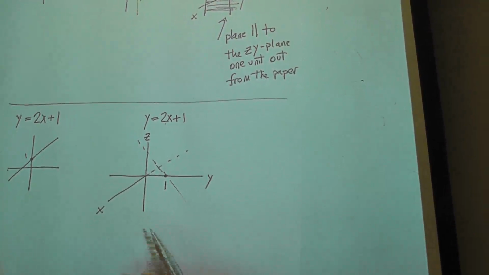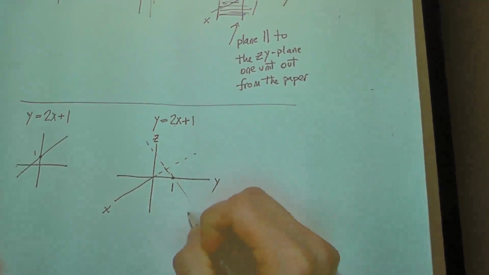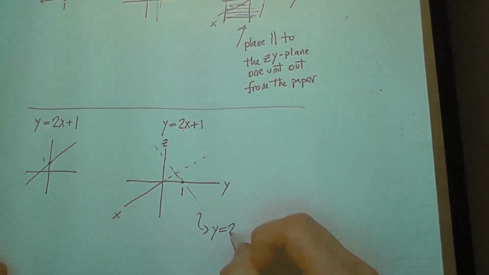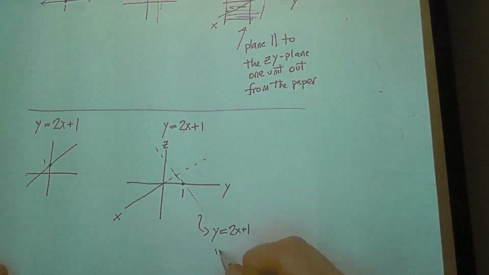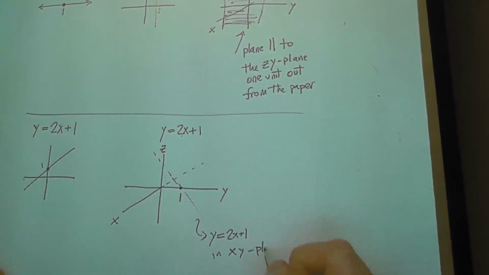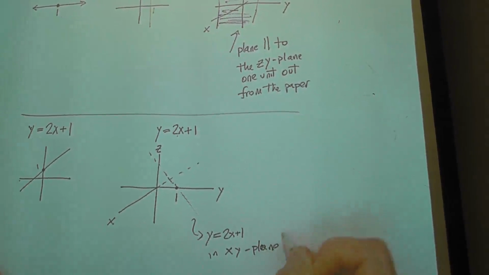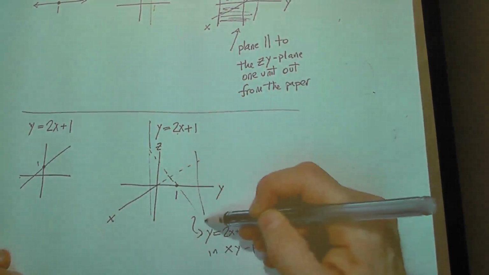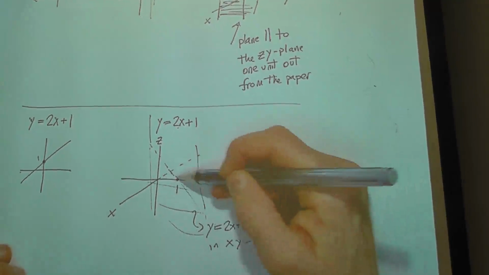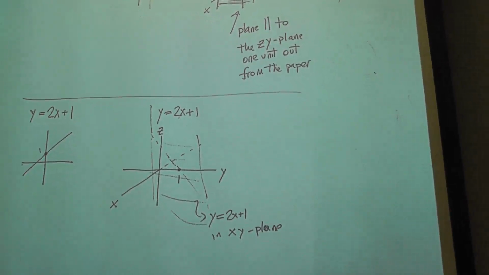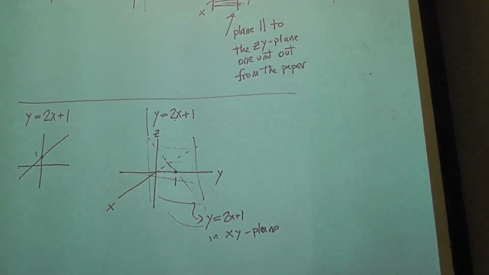So this is this line, y equals 2x plus 1 in the xy plane. And then I have complete freedom with z, and so I lift that line up and down along the z-axis.